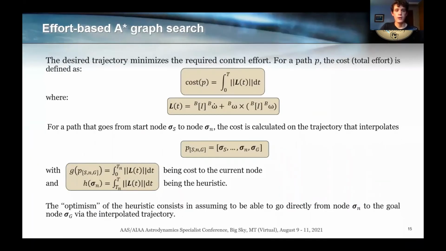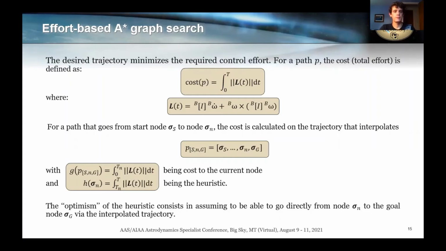So what we want to do now is to update our definition of the cost for the A-star algorithm, because what we're really interested in finding is not the path with the smallest travel distance, but the path that has the smallest required control effort. And this is done by defining the cost of a path B as the integral of the magnitude of the control vector over the entire trajectory.